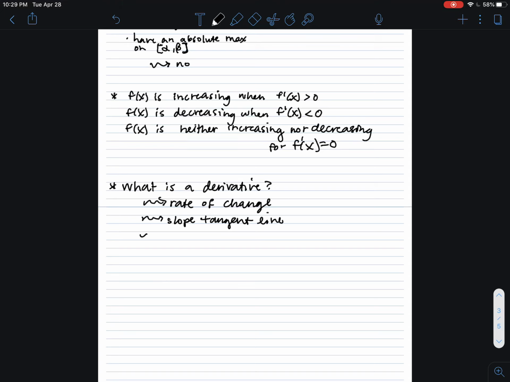We also know that that means it's the instantaneous slope. So I guess the rate of change of f of x, if we're talking about f prime of x, it's the slope of the tangent line to f of x, and it's the instantaneous slope of f of x.